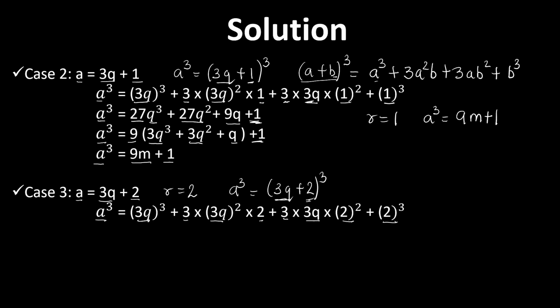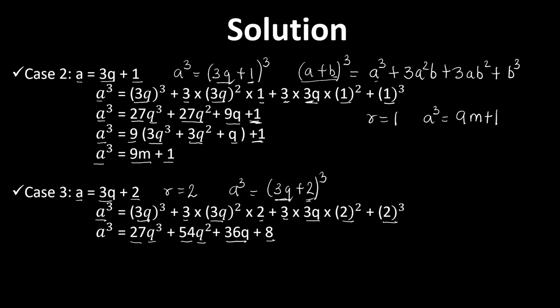Now, let's simplify it further. We can write down 3q whole cube as 27q cube. 3 into 3q whole square into 2 will give us 3 into 9q square into 2, which will be nothing but 54q square. 3 into 3q into 2 square will be written as 3 into 3q into 4, which is 36q, plus 2 whole cube will be written as 8.